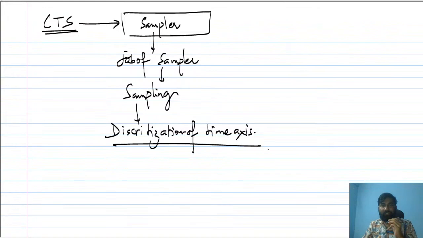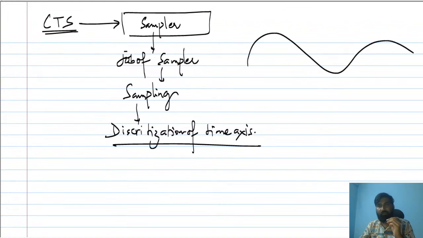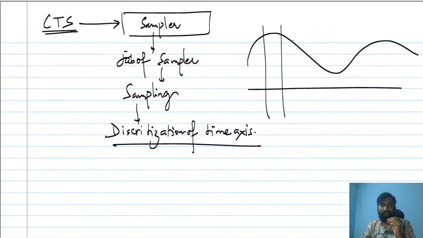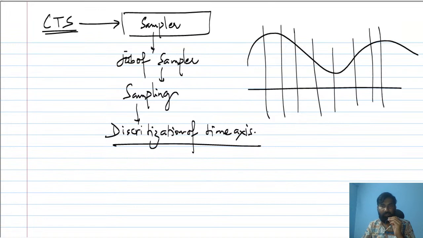Suppose this is a continuous time signal. We are going to chop it. At T1, this is the value. At T2, we don't care what is there between T1 and T2.